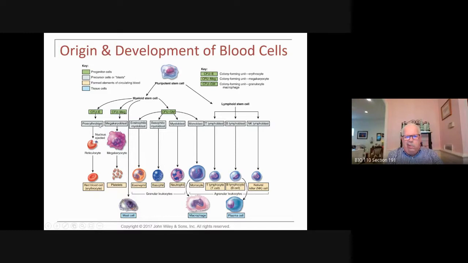So when you see a blast cell in the peripheral blood, it is known as leukemia. A proerythroblast will give rise to a reticulocyte. What is a reticulocyte? A reticulocyte is the precursor of an erythrocyte. It is an erythrocyte with a nucleus.